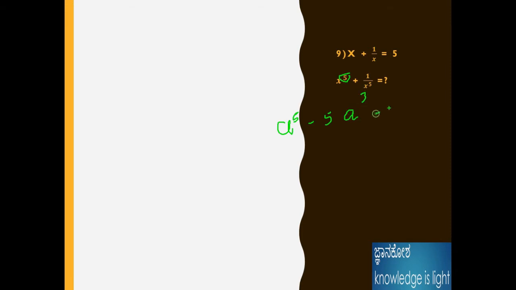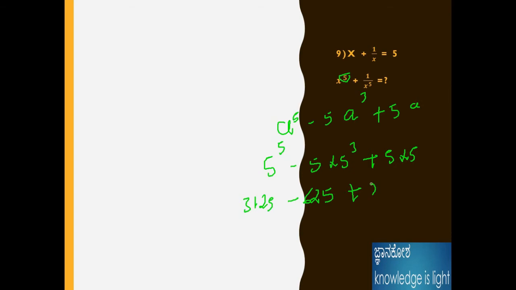Here a is 5, so 5 to the power of 5 is 3125, minus 5 into 5 cube, that is 125, that means 625, plus 25. The answer is 25. This is the formula method. This is the first method.